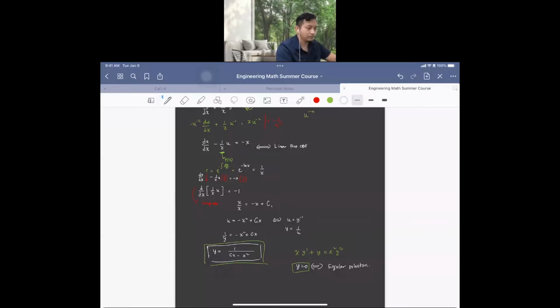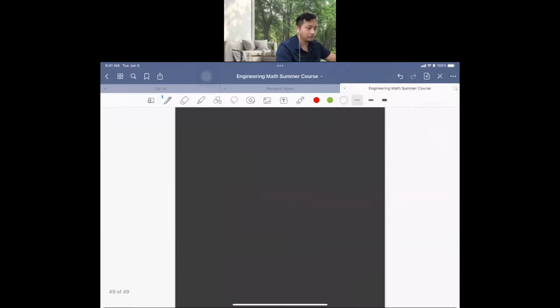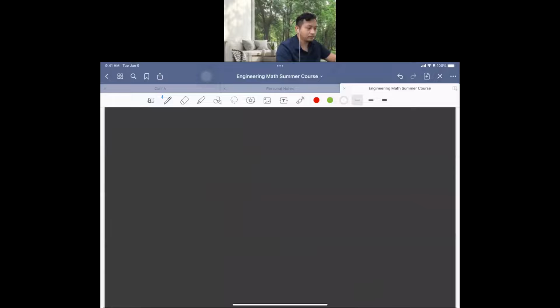Okay. I think one more small section regarding the substitutions that I can give to you. Let me give you some examples. Let dy/dx be equal to a function of ax plus by plus c.